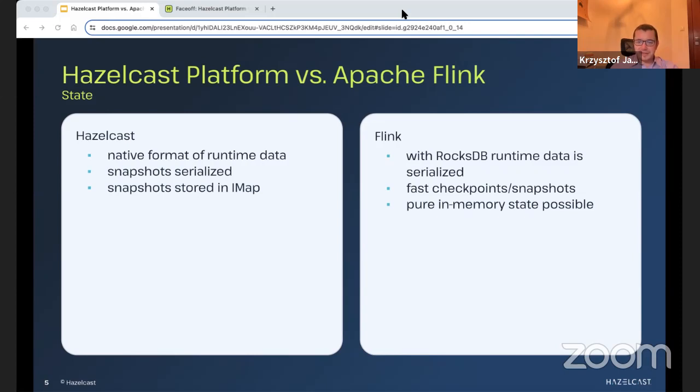Another option in Flink is a pure memory backend for storing state, which is based on a hashmap, and that should be quite similar to what Hazelcast has.